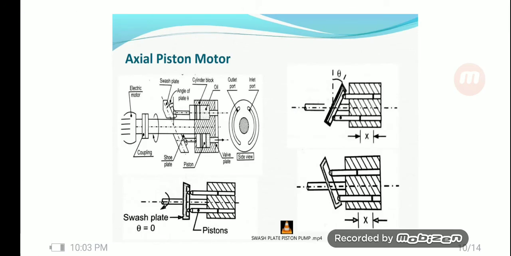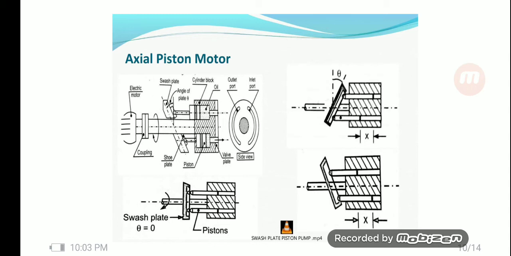Next is the axial piston motor. This type has its axes in the same direction. The shaft is in a horizontal position with the piston and the cylinder.